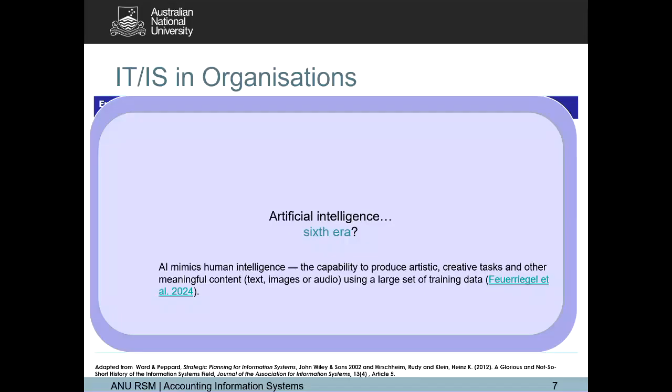Okay, the capability to produce artistic, creative tasks and other meaningful contexts, text, images, or audio using a large set of training data. So they dump a lot of data to train the AI so that they can produce something similar to human thinking. And the way we think can be very complex.